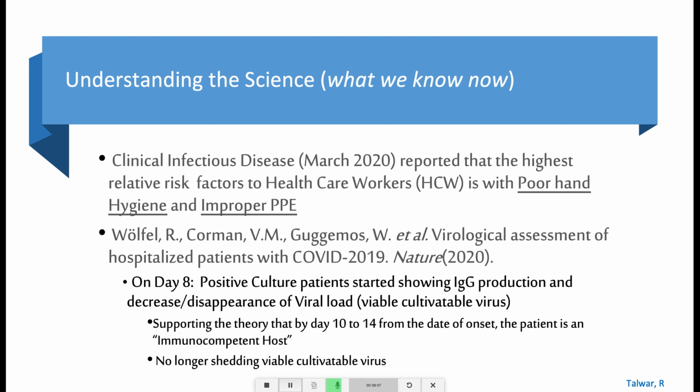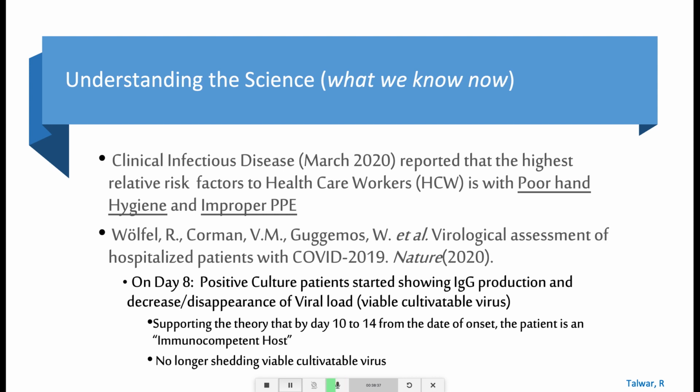Dr. Conley also talked about this particular article by Wolfel et al., published in Nature. It's a very complicated, very scientific article. The main thing it showed was that on day 8, patients with positive culture started showing IgG production, that's your antibody production, and there was a decrease in viral load.